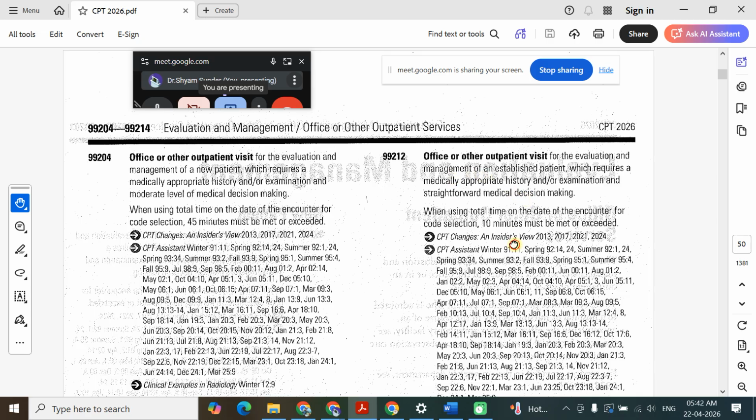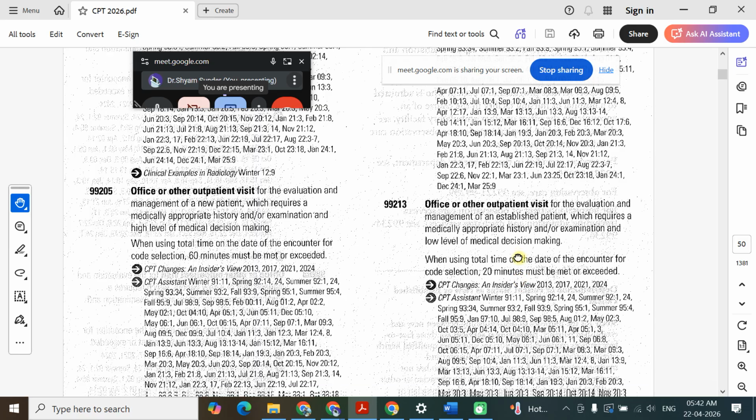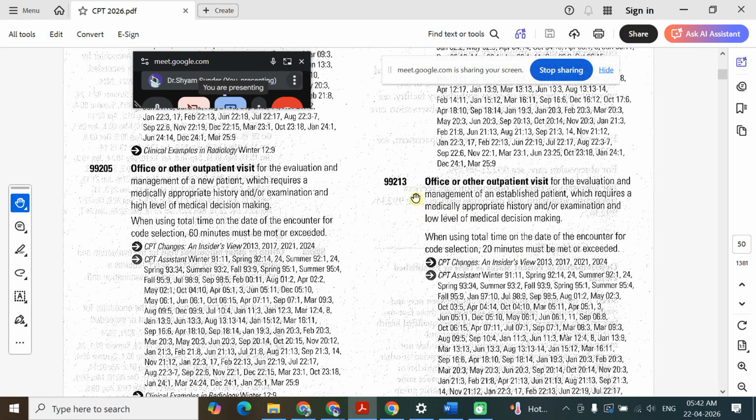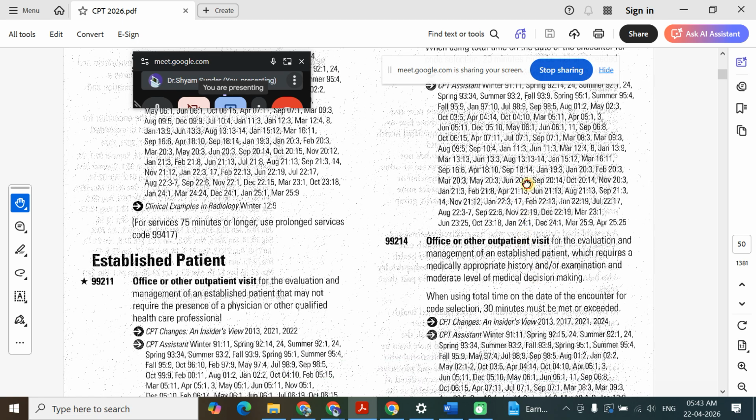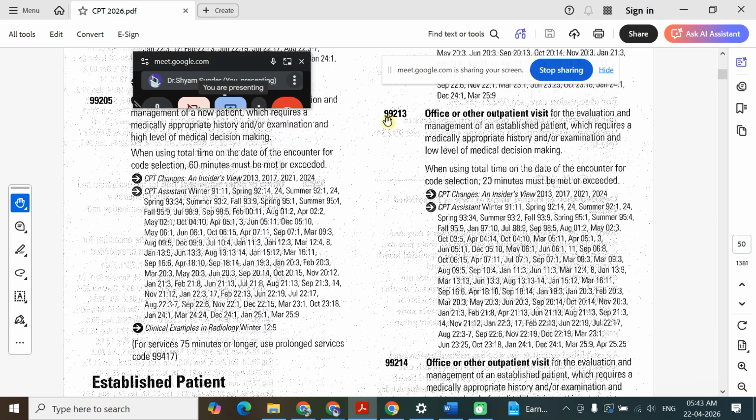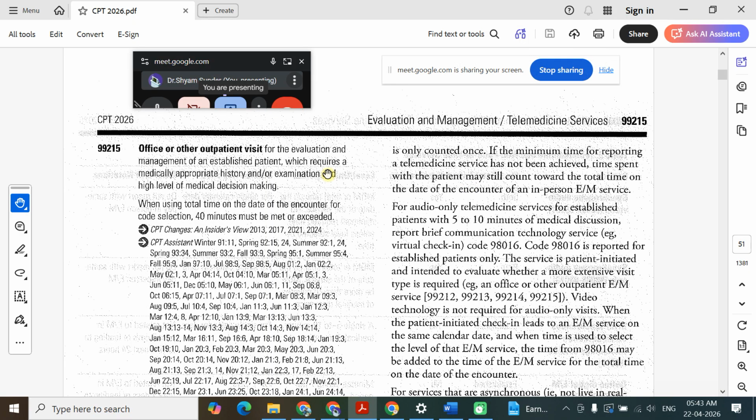The problem is low level, but there is a valid reason to provide counseling to the parents based on the patient's condition, say about 45 minutes. If you go by the MDM, 98213, but if you go by the time, 98215. If the counseling is valid, yes, you can bill 98215 based on the time.